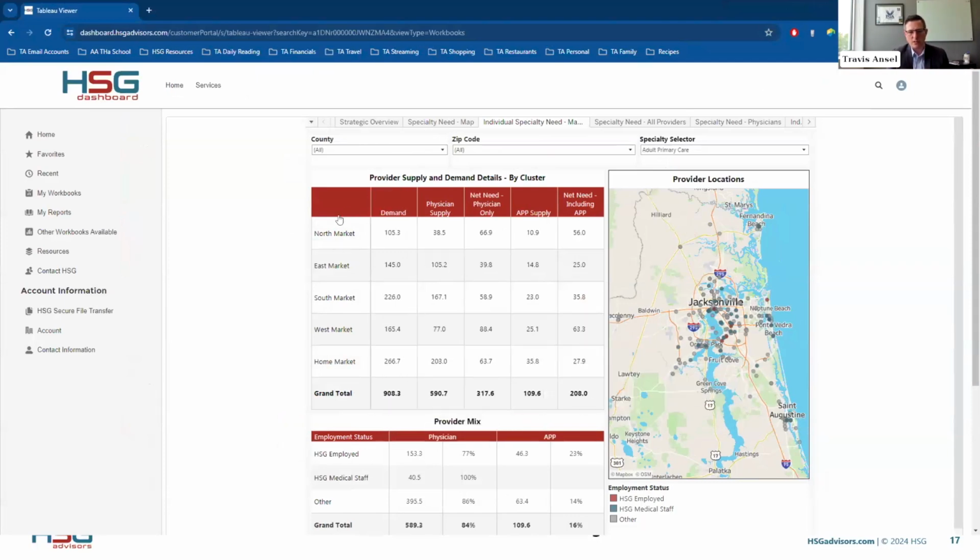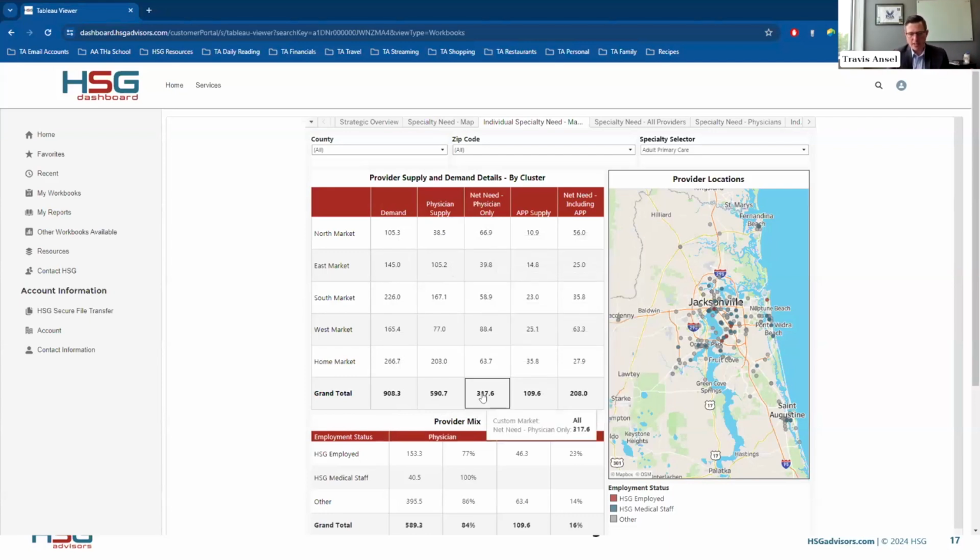So one, this table is going to update immediately with this specialty's specific demand based upon the models and the population in that market. We're going to see the physician supply that was present within the inventory that we developed. And this is just the physician FTEs. And so what we get there is a net need, physician only.